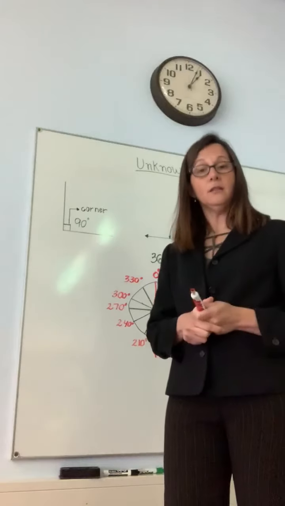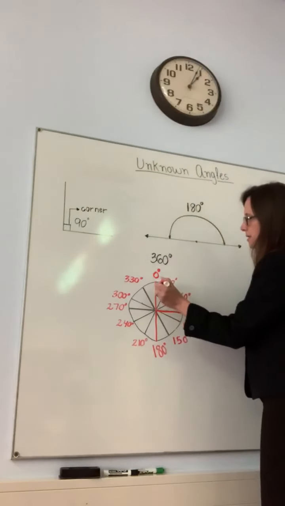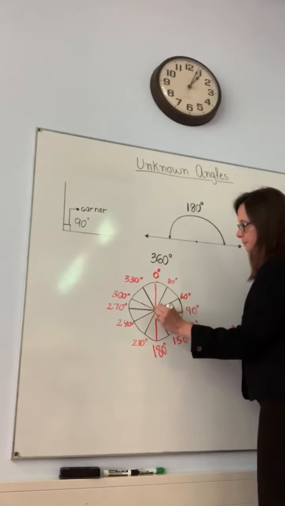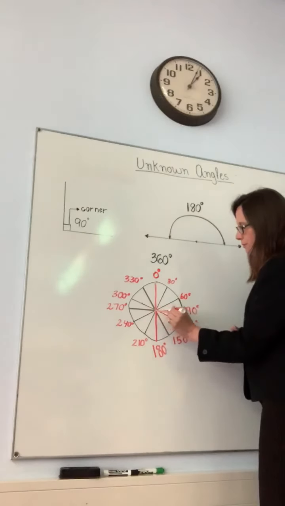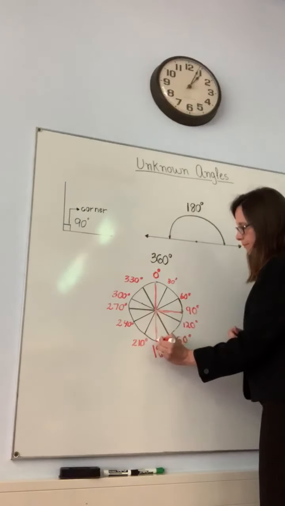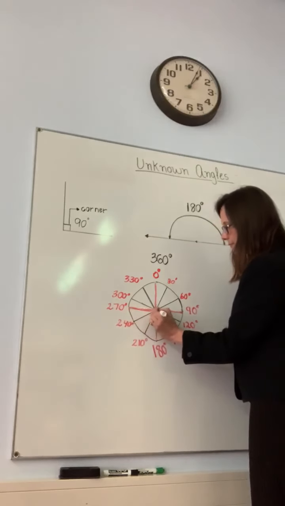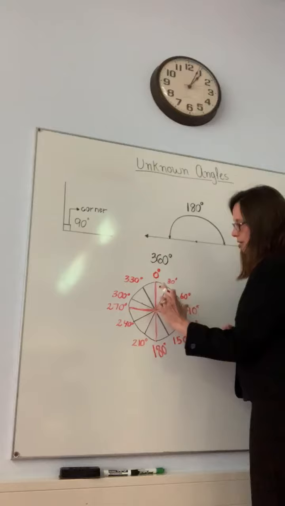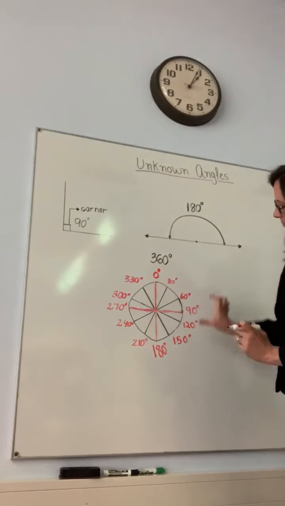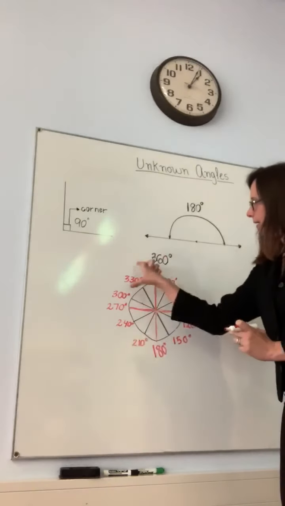The answer should be 4. Let's count. 1, 2, 3, 4. So this is 90, 90, 90, and 90.